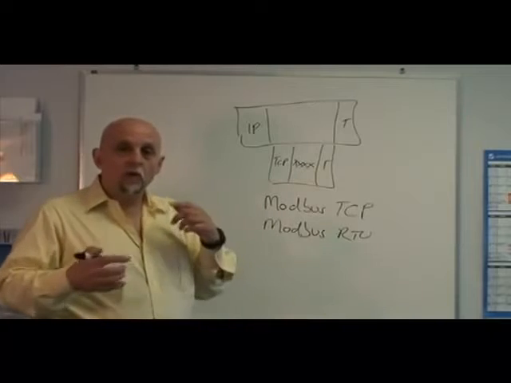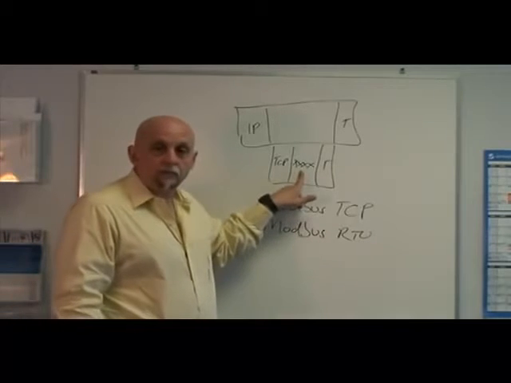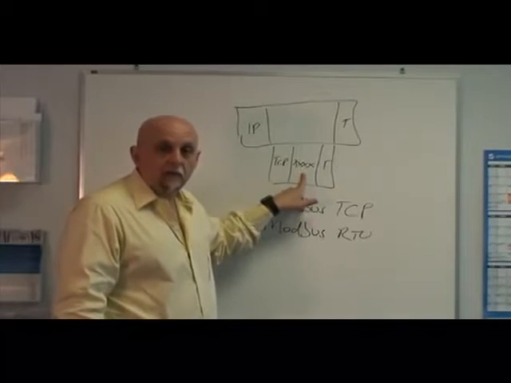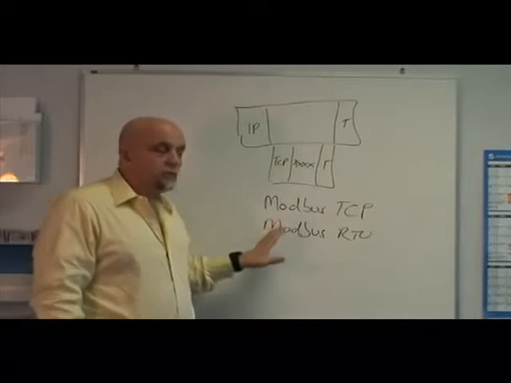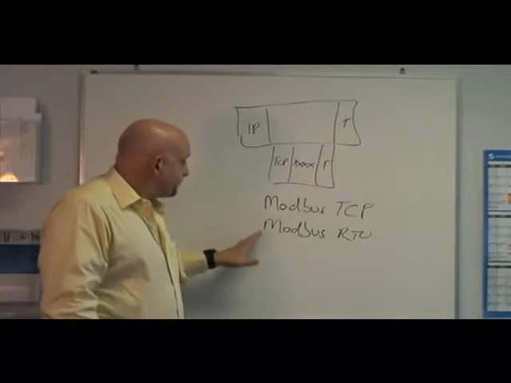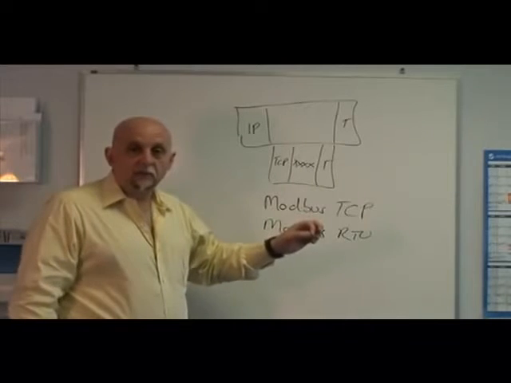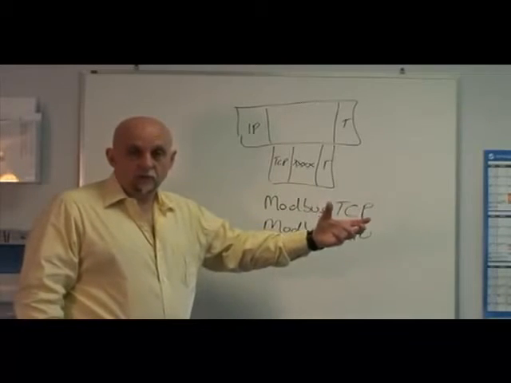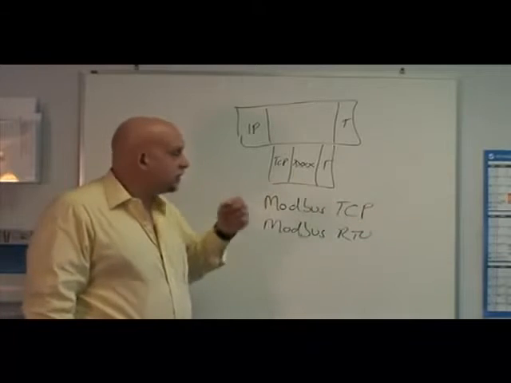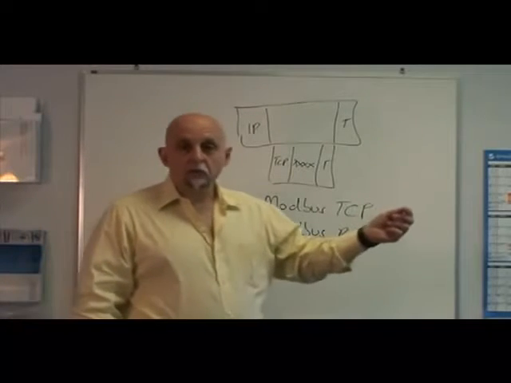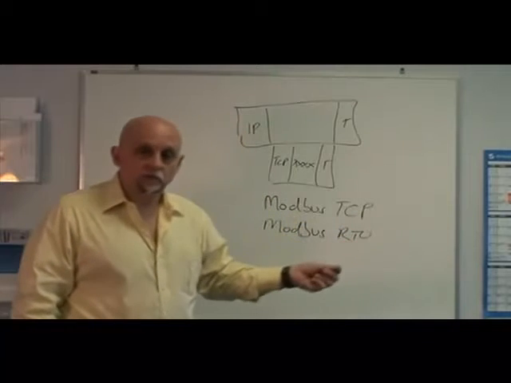But every message that goes back and forth in the Modbus TCP packet performs some kind of action on the data in the device that's the receiver of that message. So it can either read that register or coil or write that register or coil.